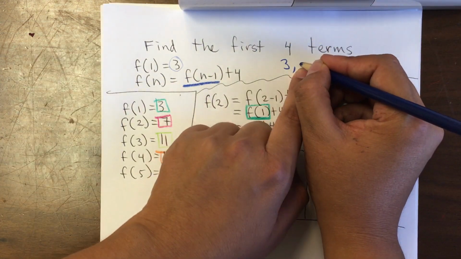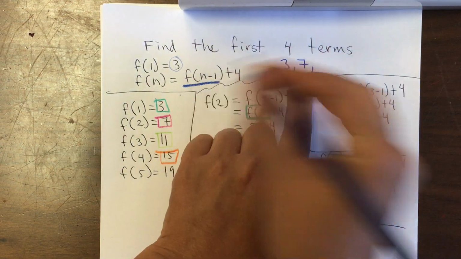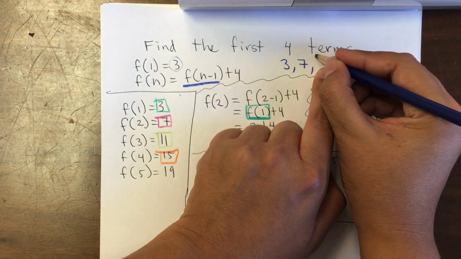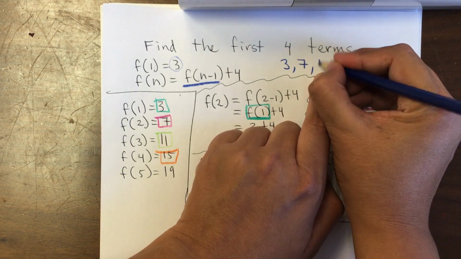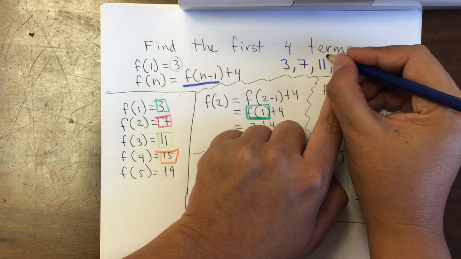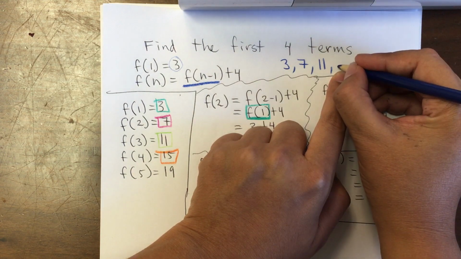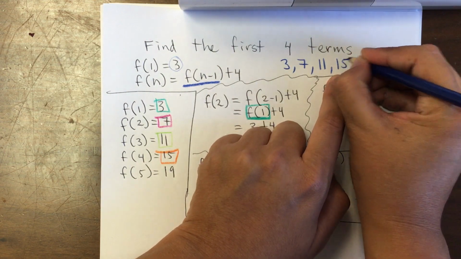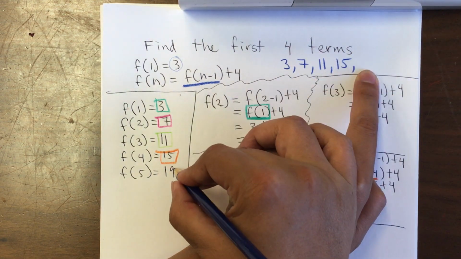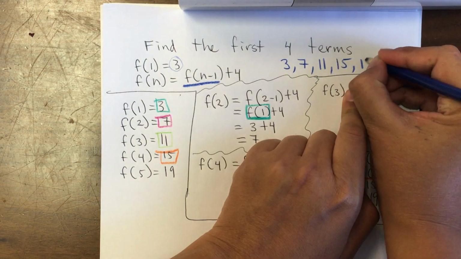So for the second one, look at the previous one and add 4. That will be 7. For number 3, look at the second one and add 4. That will be 11. For the fourth one, look at the previous one, that's what f of n minus 1 means, and add 4 more, so that's 15. And for number 5, look at the previous one and add 4 more. That will be 19.